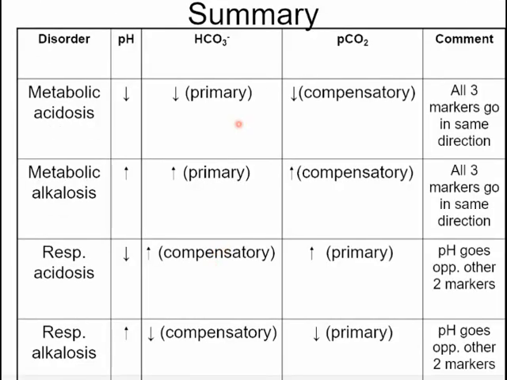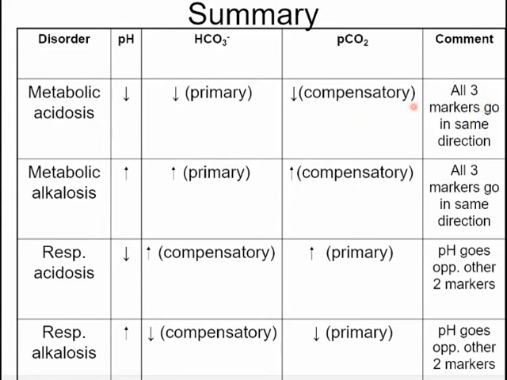So in summary, metabolic acidosis is associated with a decrease in pH, and the response will be the buffering by your bicarbonates. There will be a decrease in your bicarbonate in the blood, and a compensatory mechanism is an increase in your carbon dioxide elimination, so there will be a decrease in carbon dioxide pressure in the blood, and all three markers go in the same direction.